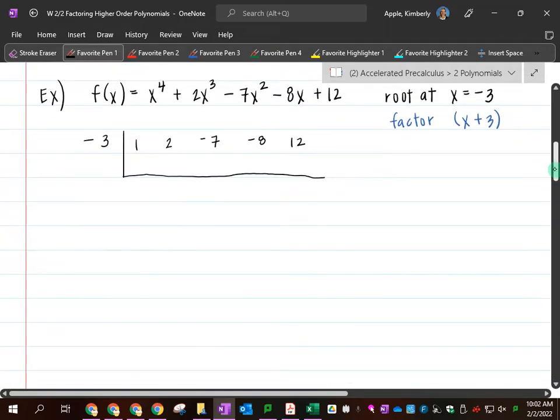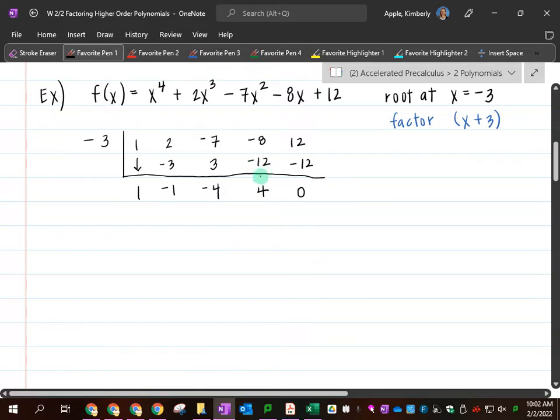And then we're just going to do synthetic division just like always. So the 1 will come down. -3 times 1 is -3. This would be -1, +3, -4, +12. This would be 4. This would be -12. So this would be 0.